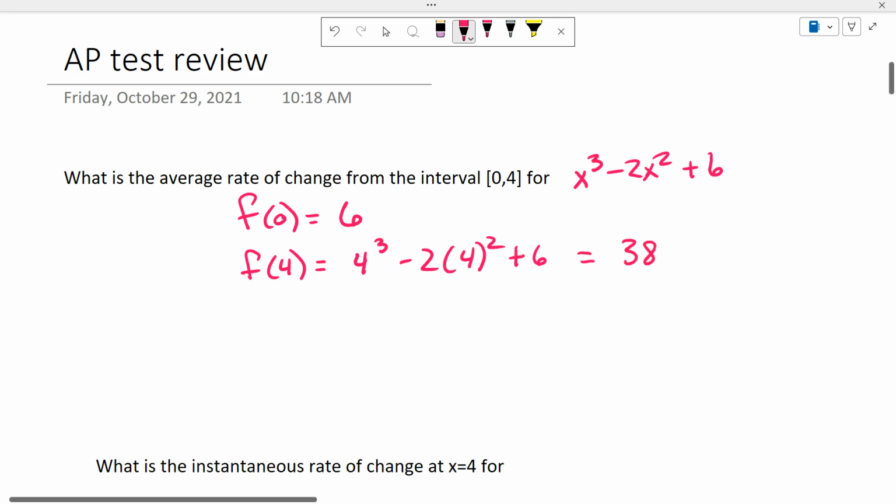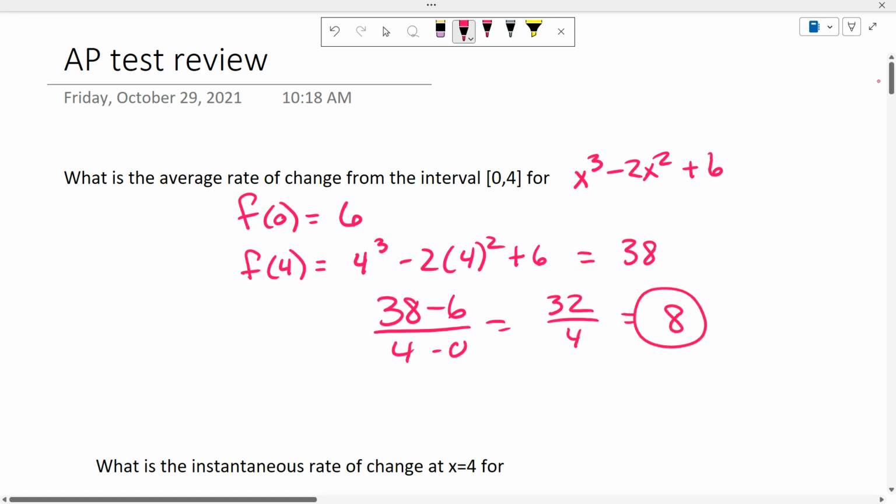Is that correct? Yeah. So then, how do you find average rate of change? Slope formula, 38 minus 6 over 4 minus 0, which is 32 over 4, which is 8.